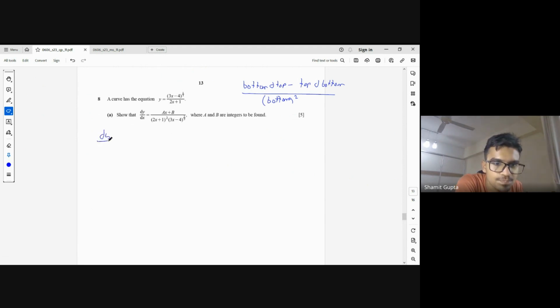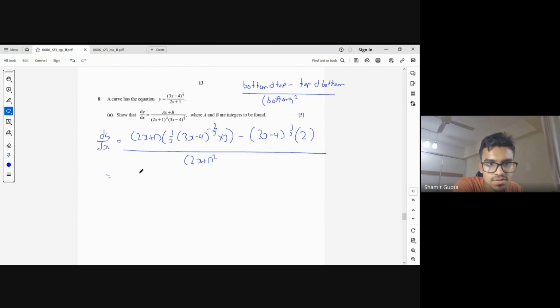So dy/dx. We do bottom d top. Bottom is 2x plus 1. What's d top, the derivative of the top? It will be 1 over 3 times 3x minus 4 to the power 1 over 3 minus 1, which is negative 2 over 3, times 3 because of the chain rule. That's d top for you. Minus top: top is 3x minus 4 to the power 1 over 3. D bottom will just be 2, over bottom square.